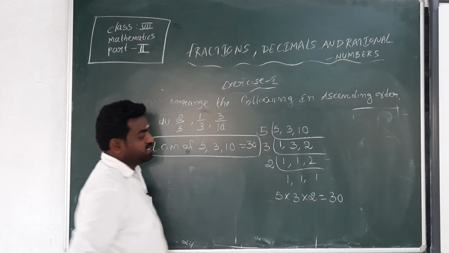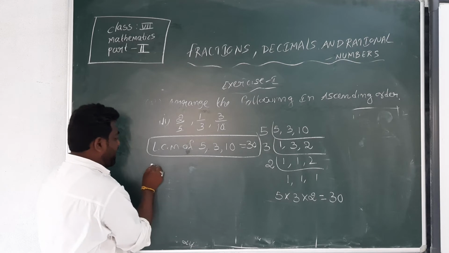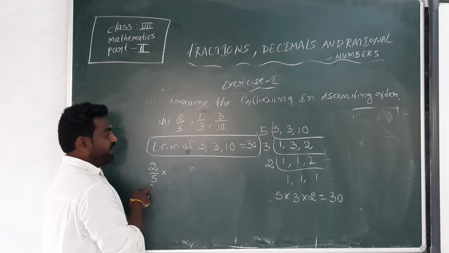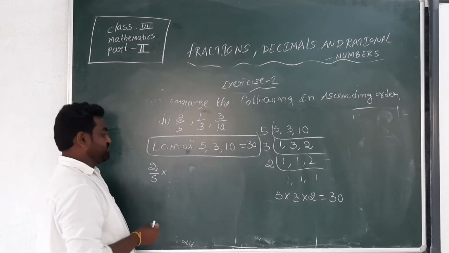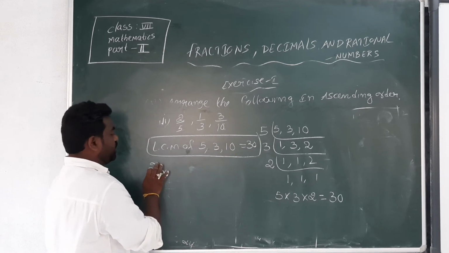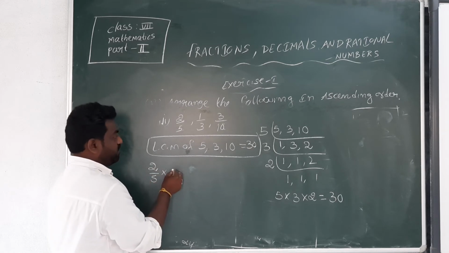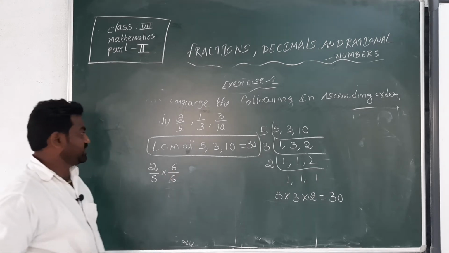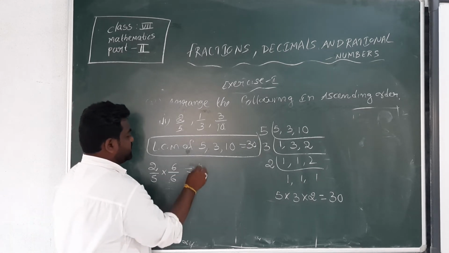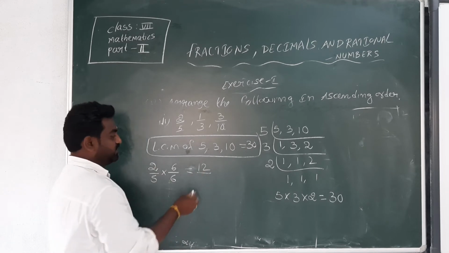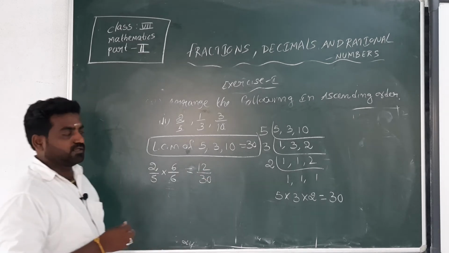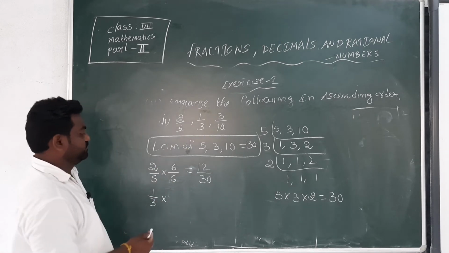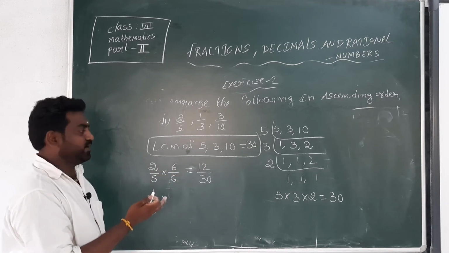So 2 by 5 is written with equal denominator. 5 table in 30, 6 times. 6 5s are 30. So numerator and denominator are multiplied by 6: 2 6s are 12, 5 6s are 30. Next 1 by 3. 3 table in 30, 10 times.